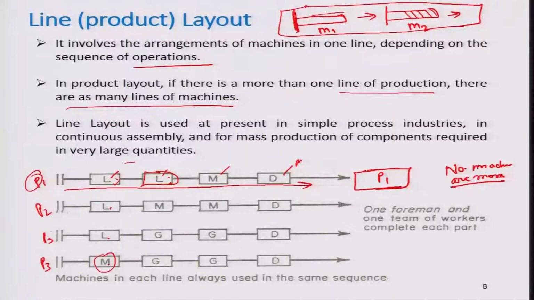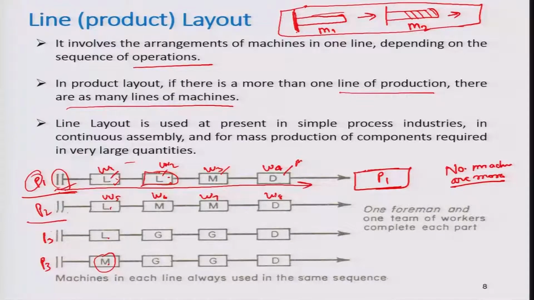One foreman and one team of workers complete each part. Here you can see that in each production line there is one foreman and one team of workers: W1, W2, W3, W4, four workers in one production line, and in production line 2 there will be W5, W6, W7, W8.